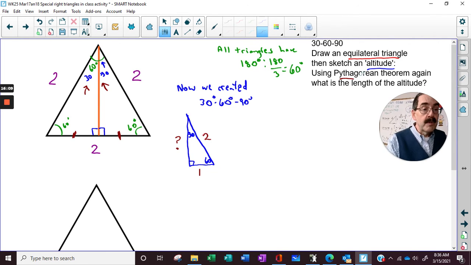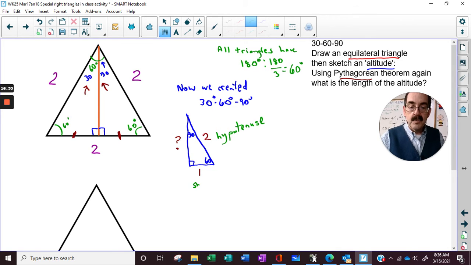Now, we want to use the Pythagorean Theorem to find the length of the long leg. So, everybody, let's write some vocabulary. Hypotenuse, this is called the short leg. This is called the long leg. Okay?